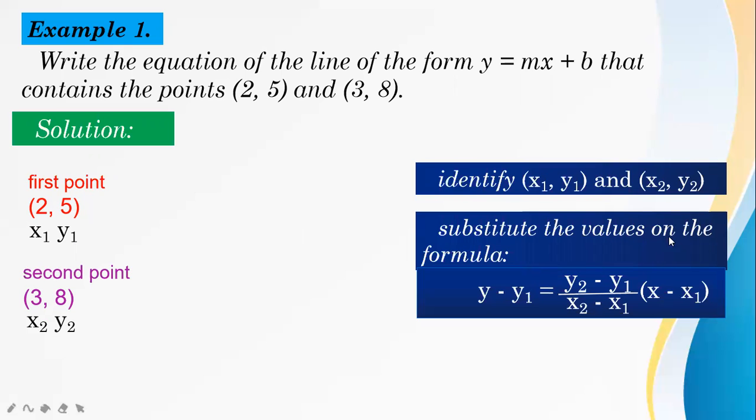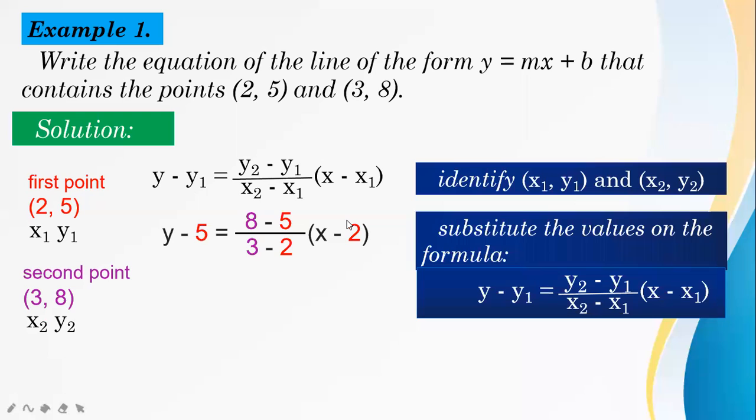Then substitute the values on the formula. So we have y minus y sub 1 equals y sub 2 minus y sub 1 divided by x sub 2 minus x sub 1, then multiplied by x minus x sub 1.